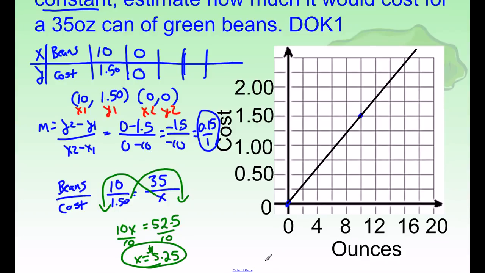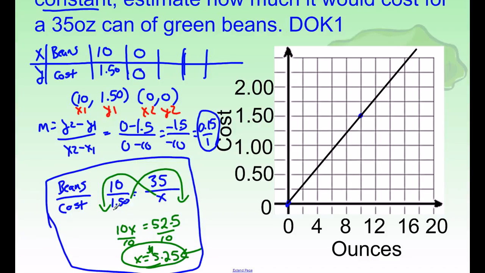So we know how much the green beans cost. I just want to do a little bit more explanation just to help you understand a little bit more. Yes, this method works out very nicely. This seemed to be kind of a dead end for us, but this is not completely a dead end.